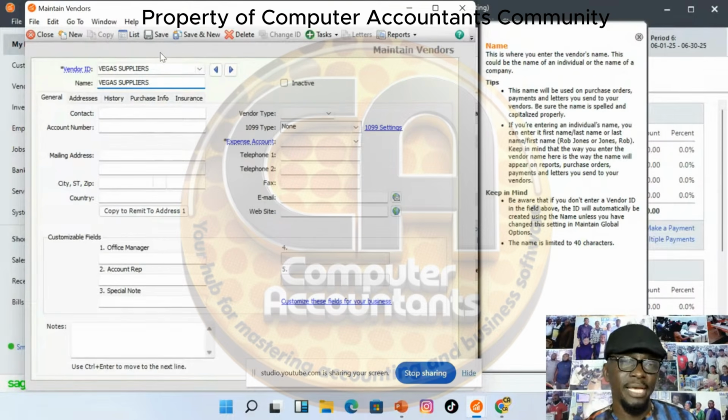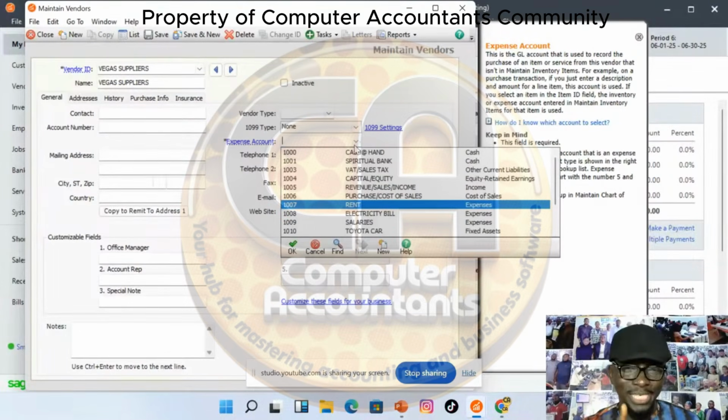Okay, vendor's name. Then the accounts, please pay attention to this place again. This is where I have seen a lot of companies mess up their accounting, their accounts by this process. Now, in business, there are 2 types of vendors.